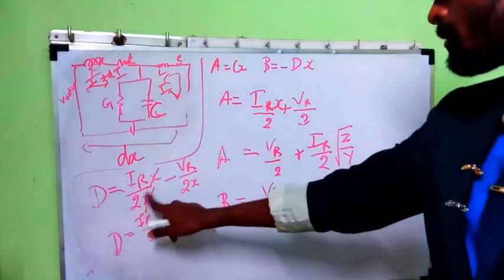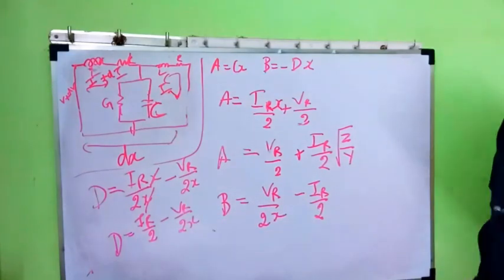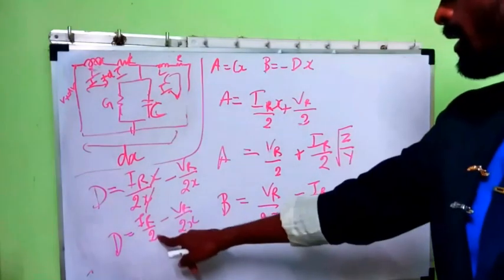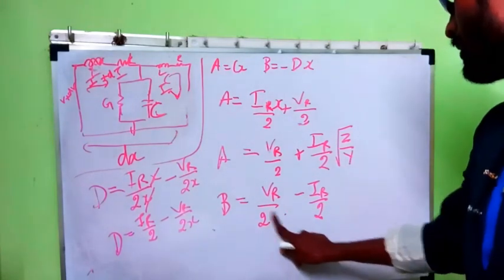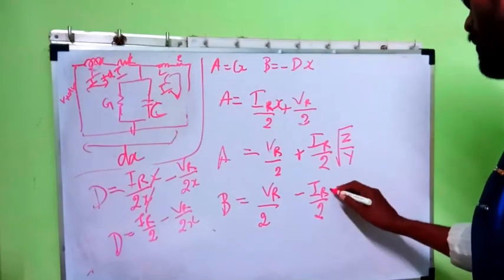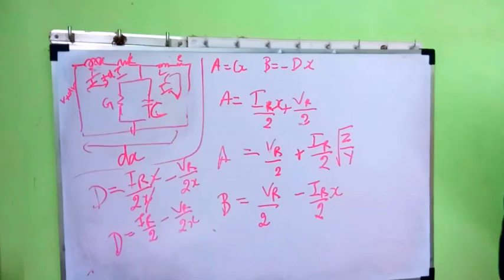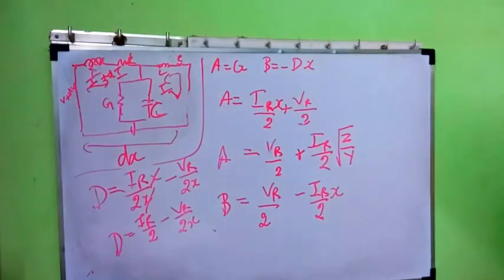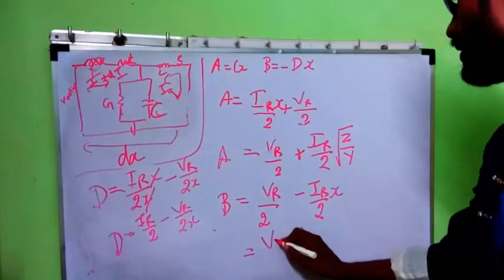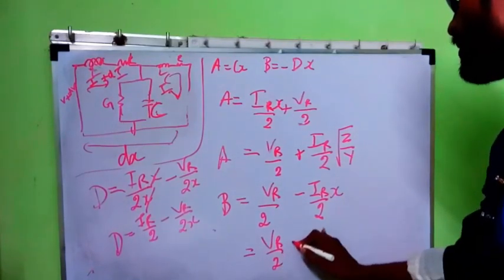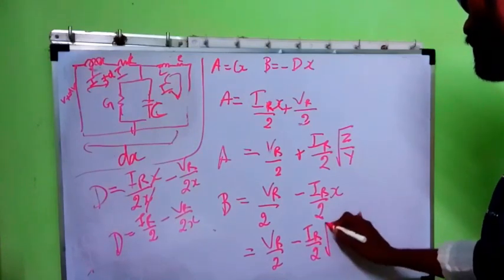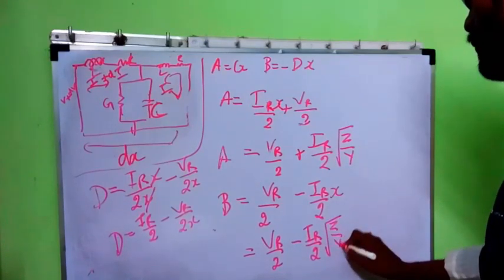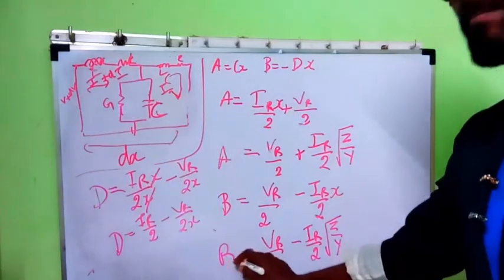I'll multiply this by x, so this d should go for minus, which means that this x will not come, but for this IR, there will be an x. Now I have this equal to VR by 2 minus IR divided by 2 into root of Z by Y, and this is going to be b.